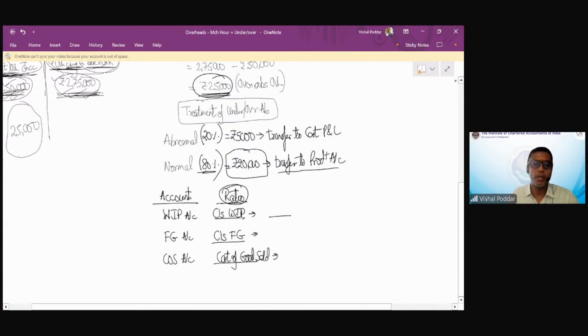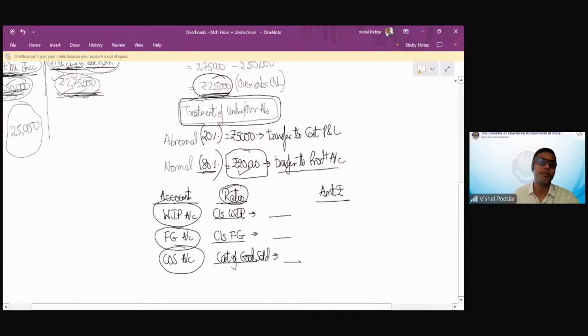You take these values, whatever is given in the sum, and divide 20,000 in this ratio. So I will get the amount breakup of 20,000 as to out of 20,000, how much will be transferred to WIP account, how much to FG account, and how much to COS account. This is how we do the treatment of this under or over absorbed figure.